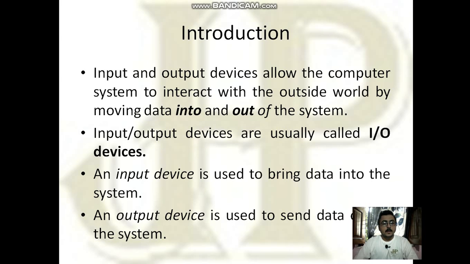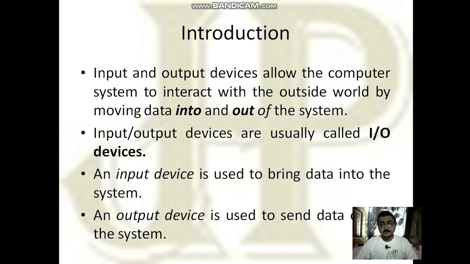Input and output devices allow the computer system to interact with the outside world by moving data into and out of the system. Clear? Input-output devices are usually called I/O devices.